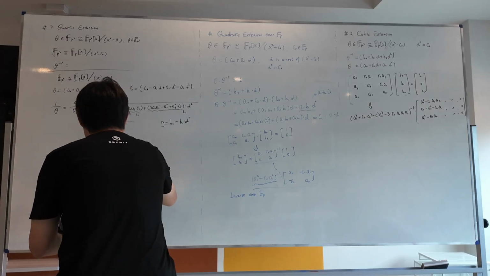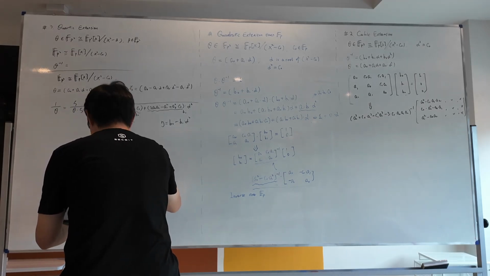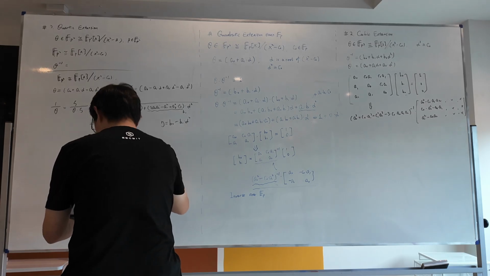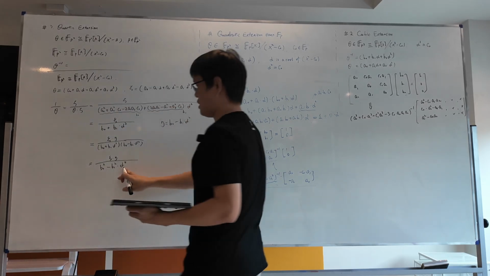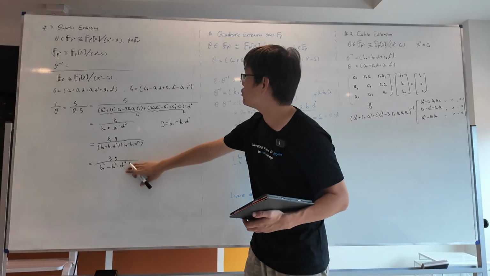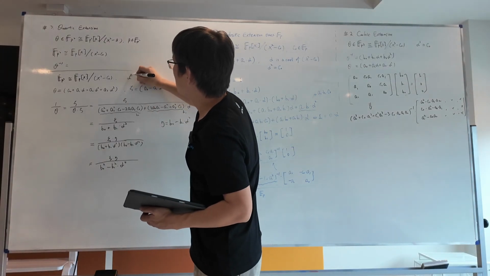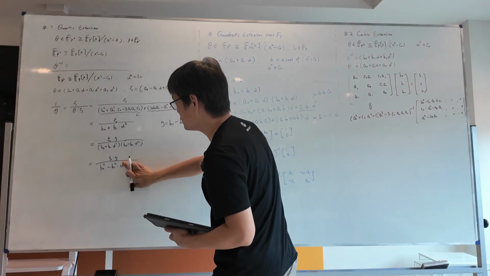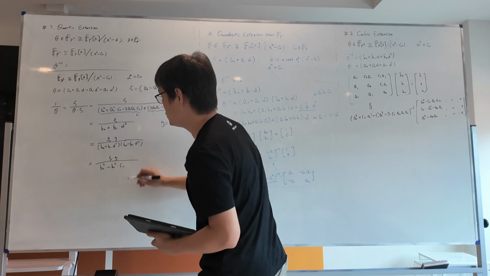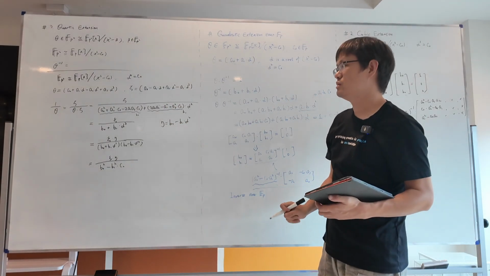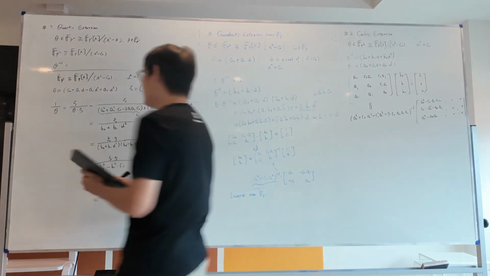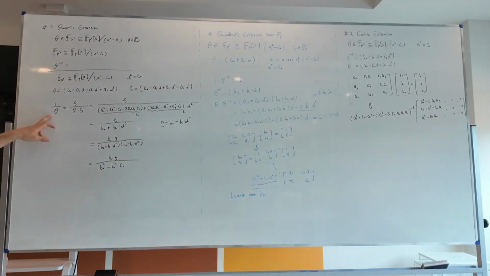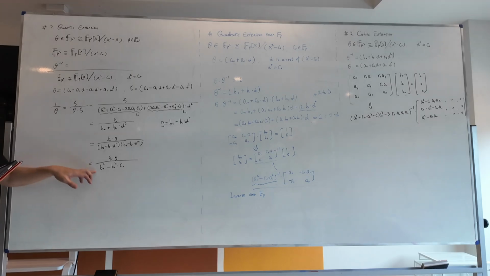B0 square minus B1 square times alpha to 4, right? But alpha to 4 here equals C0, so just change it to C0. Right now, the inverse of theta is reduced to computing this expression here, but the denominator is the inverse in the base field.